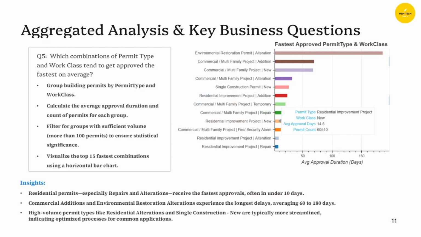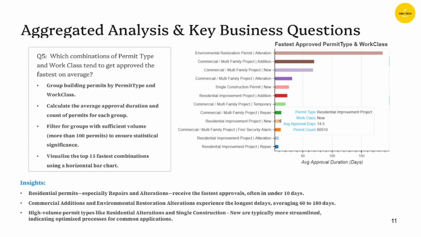Next, which combination of permit type and work class tends to get approved the fastest on average? It is a very relevant question: which kind of work class or permit type gets approved easily.